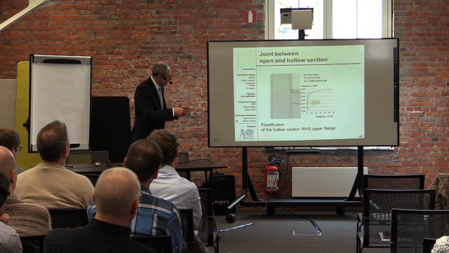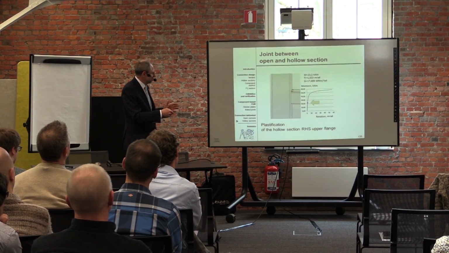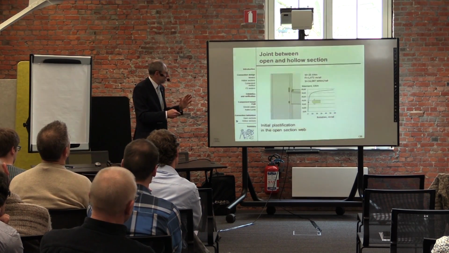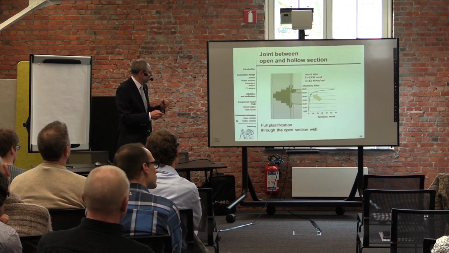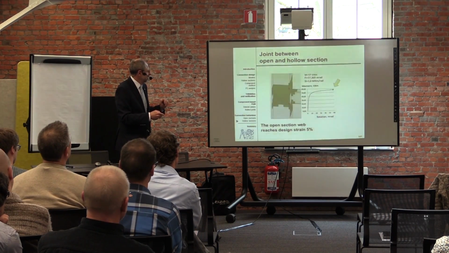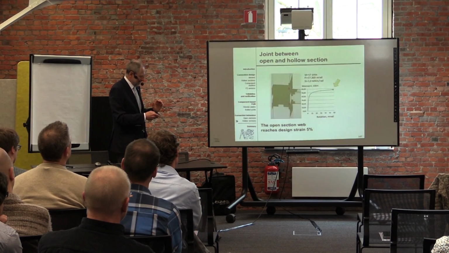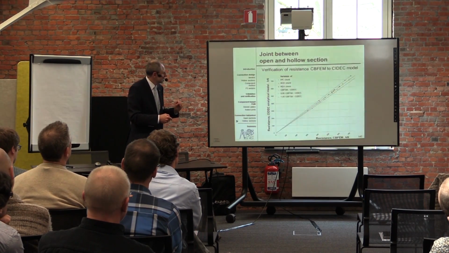First the upper flange plastifies, then the plastification propagates through the web of the open section, and finally we reach yielding in the web of the open section. So this is how we model, and now the verification study against the SIDEC material. In this case it's really very good, but we do not have enough energy to check everything.